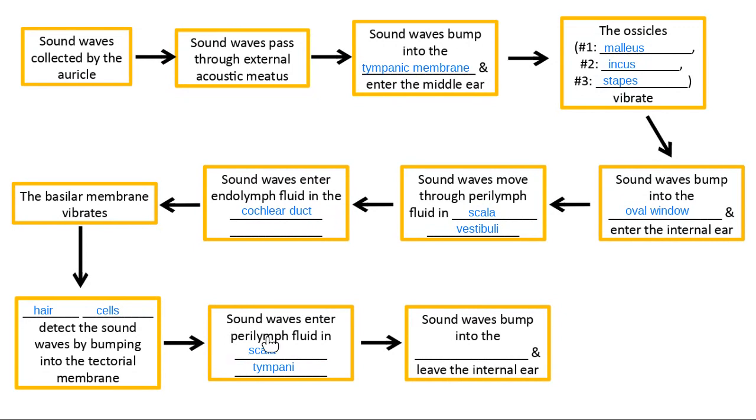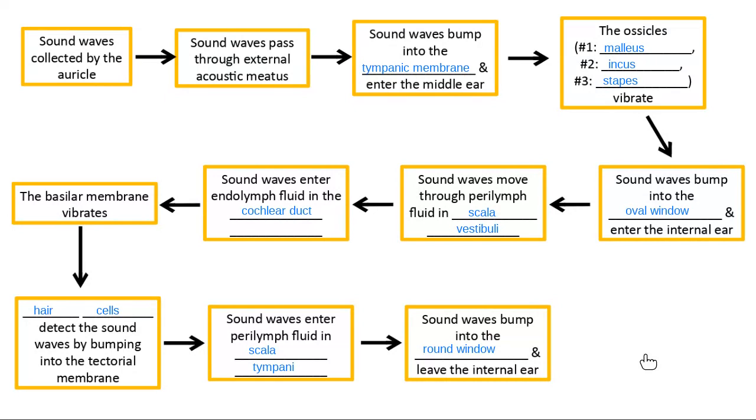So the perilymph fluid in Scala Tympani transports those sound waves to get rid of them. Ultimately, my sound waves are going to leave the internal ear because they're going to bounce out of an area called the round window, out of the membrane called the round window.